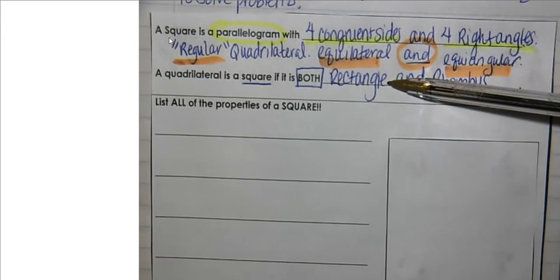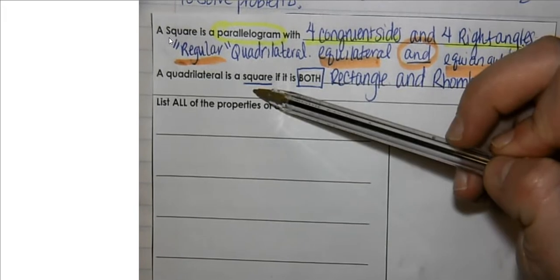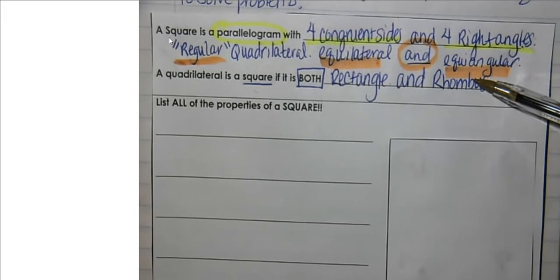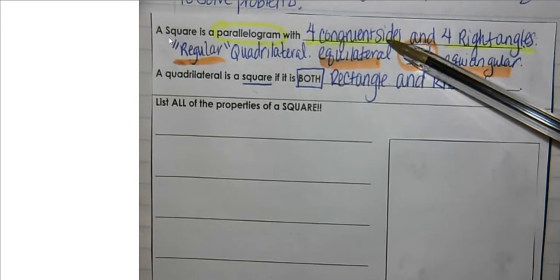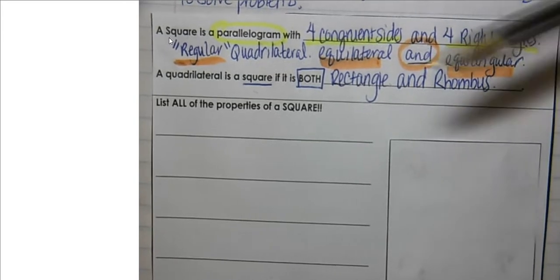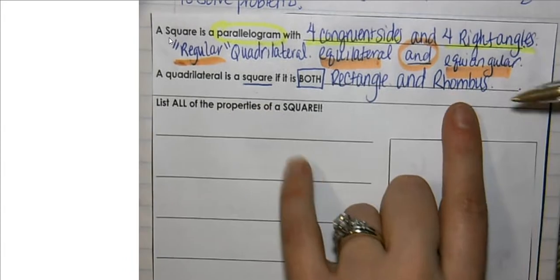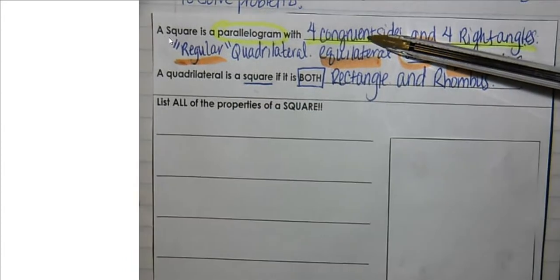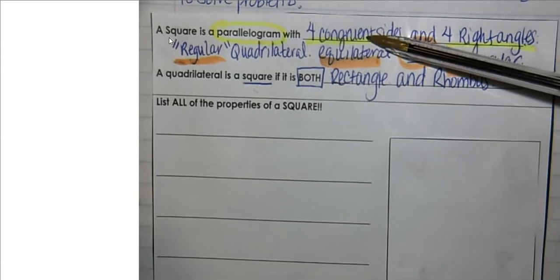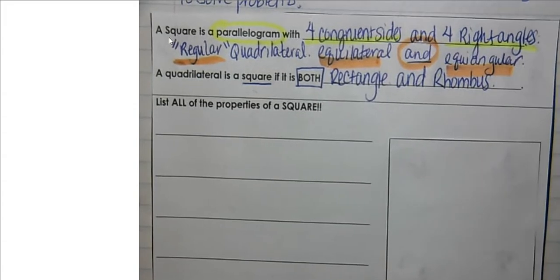And I want you to know all squares are rhombuses. That's because a rhombus has 4 congruent sides. So like all squares are rhombuses that have 4 congruent sides, but it has extra properties. Just like as we've gone down the chart, we've had to add extra properties.